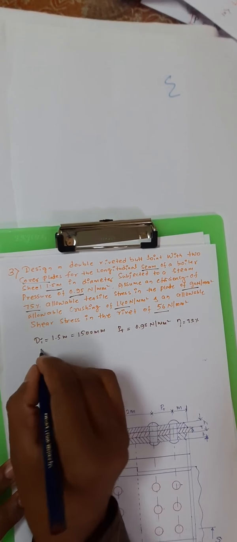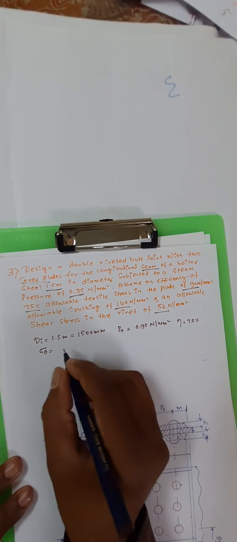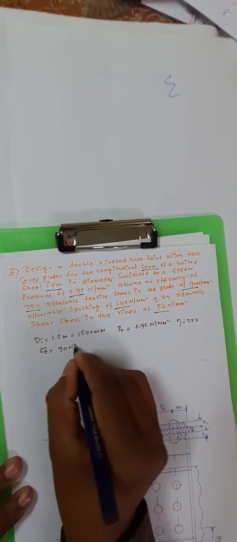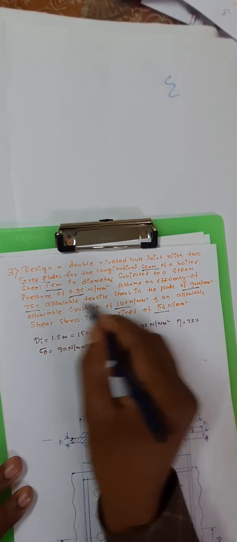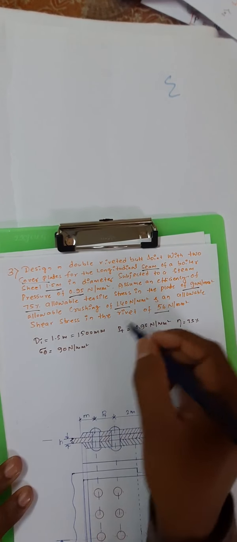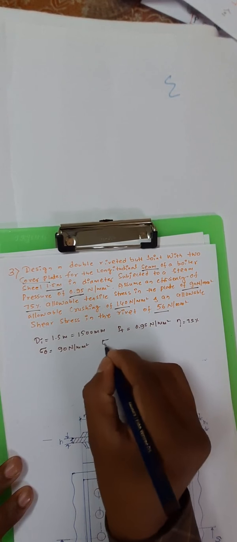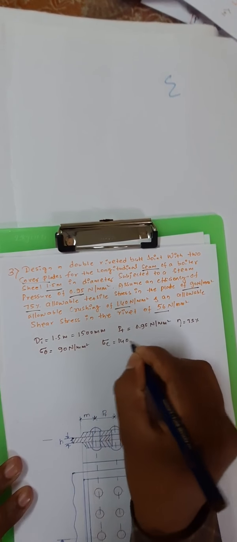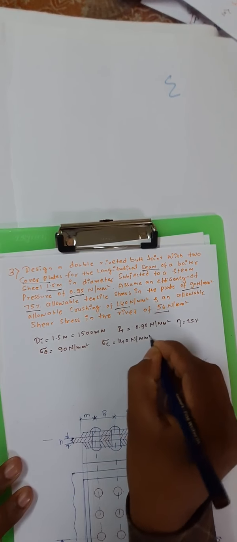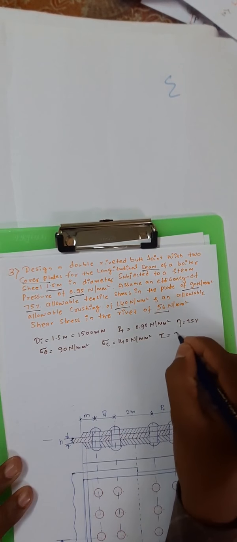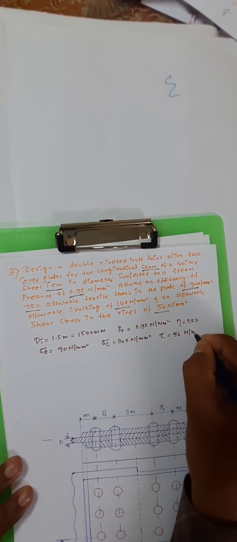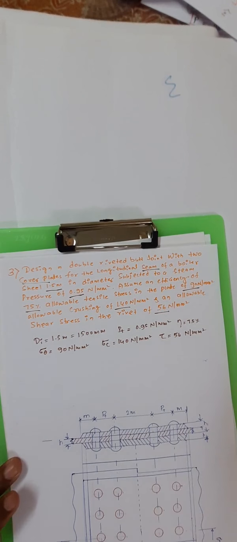Sigma t is equal to 90 Newton per mm square, which is given in the problem. The allowable crushing stress sigma c is equal to 140 Newton per mm square, and tau is equal to 56 Newton per mm square. Okay, this is the given data.